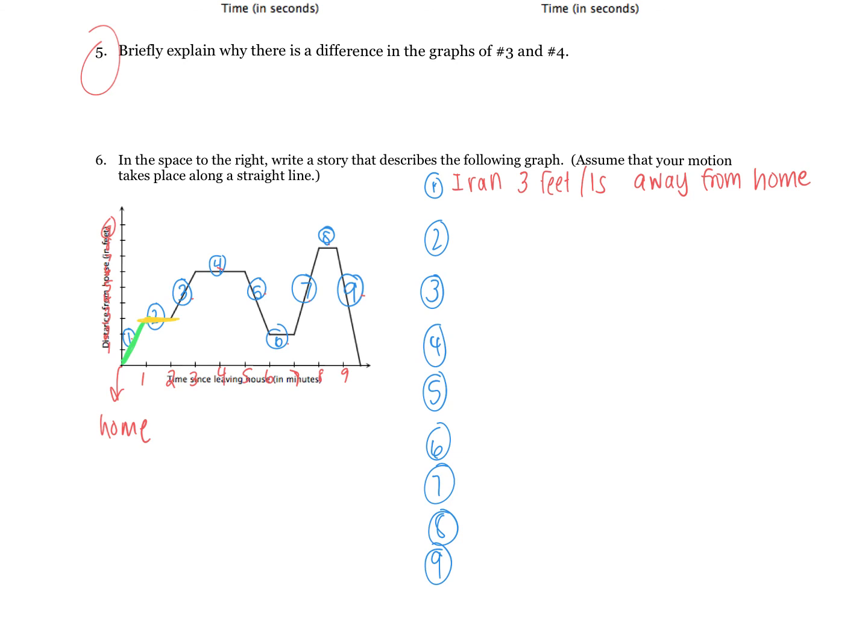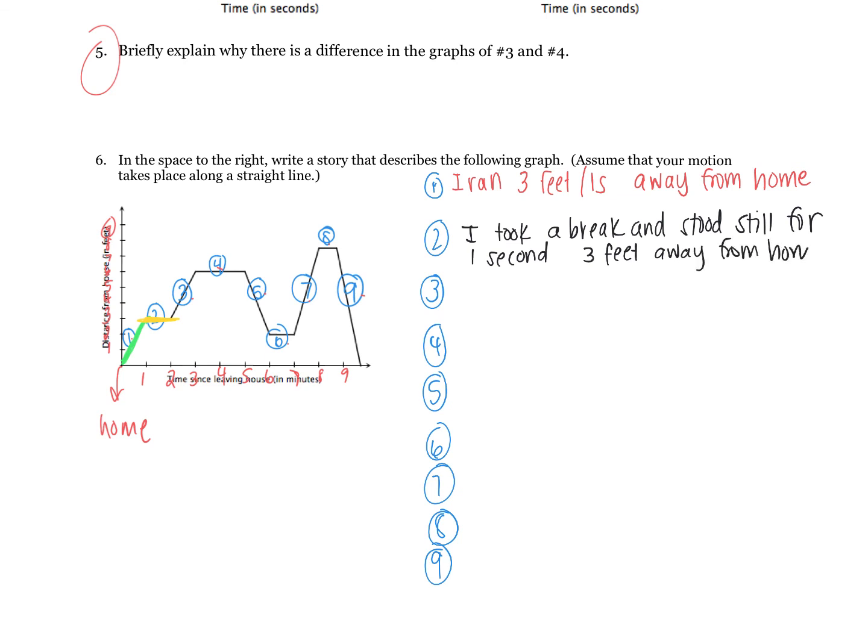So maybe at number 2, you can say, I stood still, or let's say, I make it more realistic. I took a break and stood still for, let's see, we stood there for 1 second and we were 3 feet away from home.